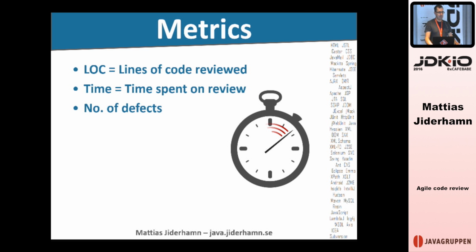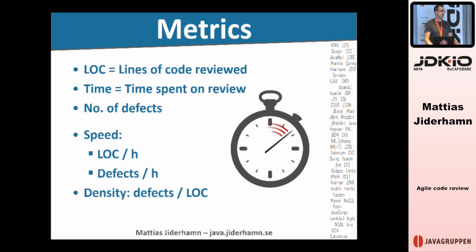And from there we can calculate the speed of the review process, so the number of lines of code reviewed per hour. We can see the number of defects uncovered per hour, and we can get the density with the number of defects per line of code.